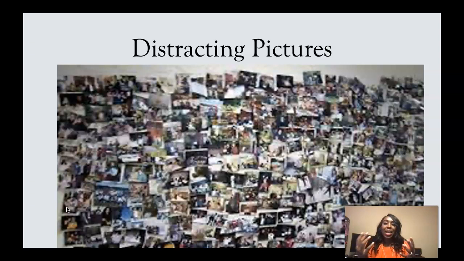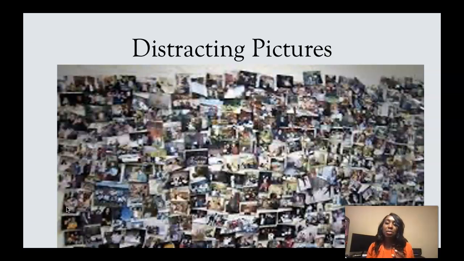So make sure you add pictures sparingly. Maybe one picture per slide will be very beneficial. Or if you have some graphs or data that you want to add, you just want to make sure it's not overwhelming the text and that you're still able to follow the slideshow presentation even with the pictures.